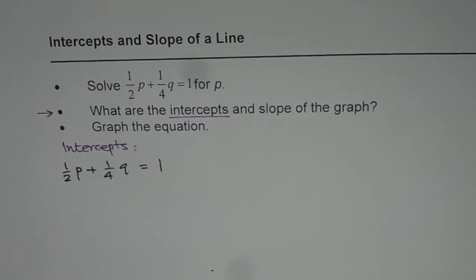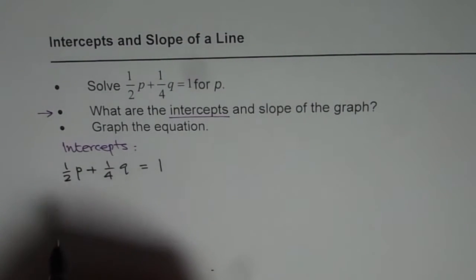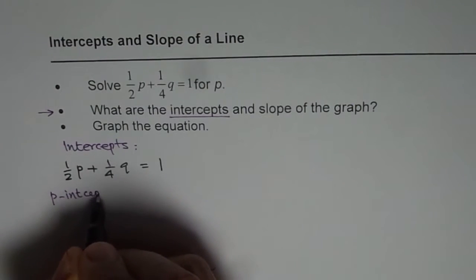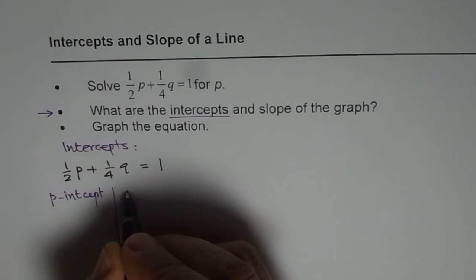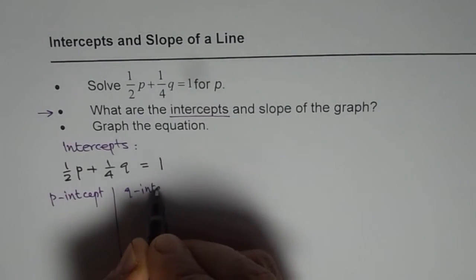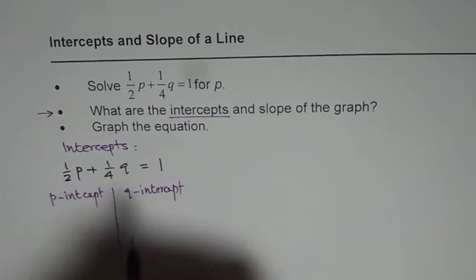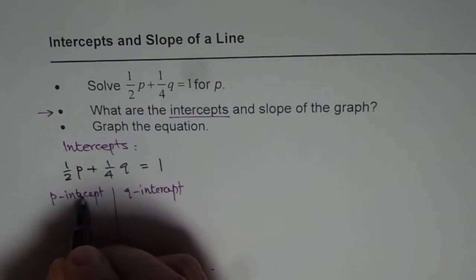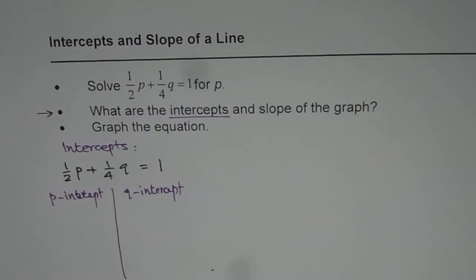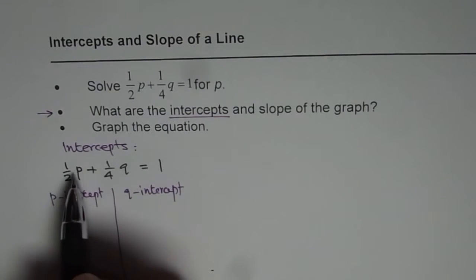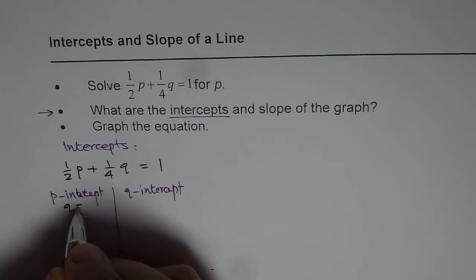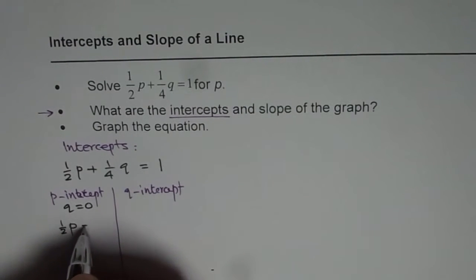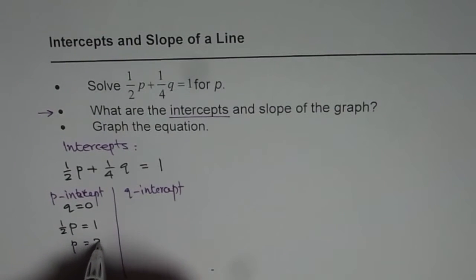So we have two kinds of intercepts here. First is, let's say, the p intercept, and then we have the q intercept. Since our variables are p and q, we'll call them p intercept and q intercept, right? So at the p intercept, q should be 0. If I substitute q as 0, I get 1/2 of p equals 1, or p equals 2.